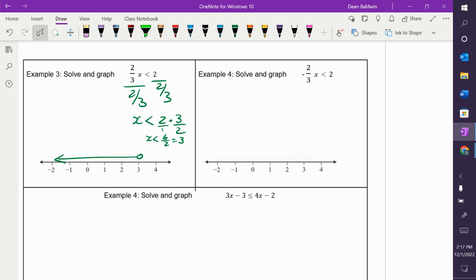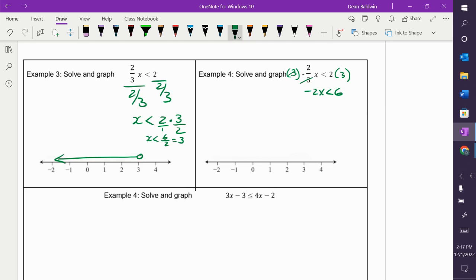Same question, except we make the 2/3 negative now. So I'll show you the other way to do this one. You can multiply both sides by 3, and those cancel. Negative 2x is less than 6. And then what?